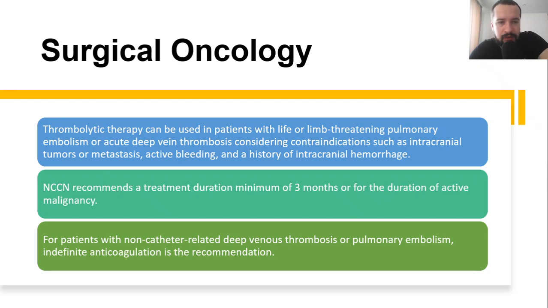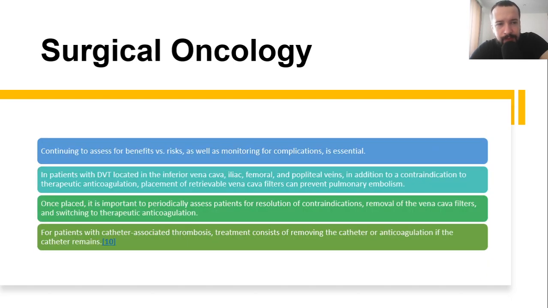NCCN recommends a treatment duration of a minimum of 3 months or for the duration of active malignancy. For patients with non-catheter-related deep venous thrombosis or pulmonary embolism, indefinite anticoagulation is the recommendation. Continuing to assess for benefits versus risks as well as monitoring for complications is essential.